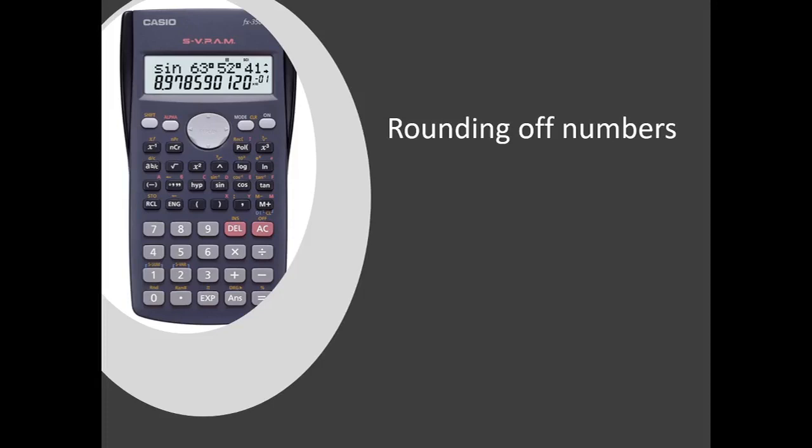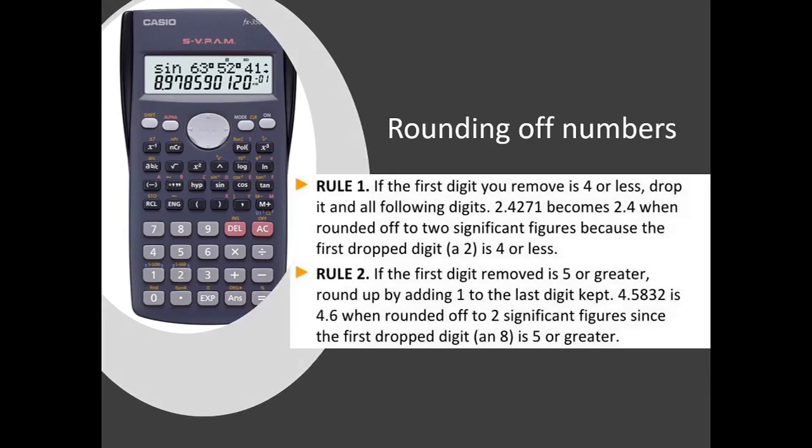Often when doing arithmetic on a calculator, the answer is displayed with more significant figures than are really justified. Then how do we decide how many digits to keep? There are some simple rules for that. The first one is, if the first digit you remove is 4 or less, drop it and all following digits.